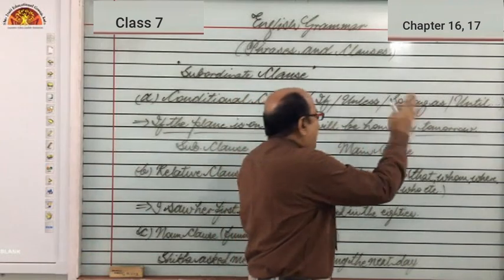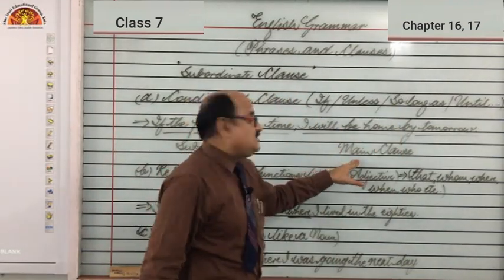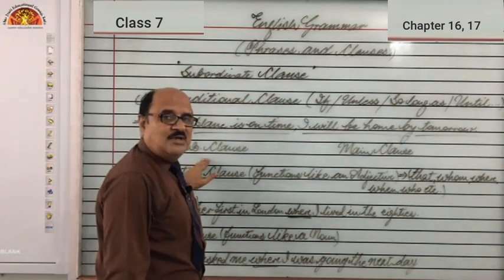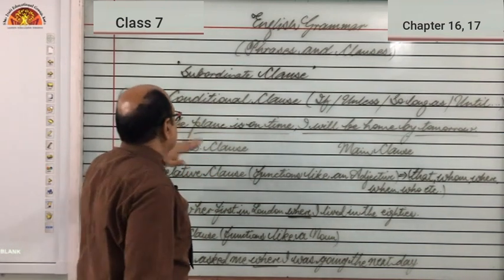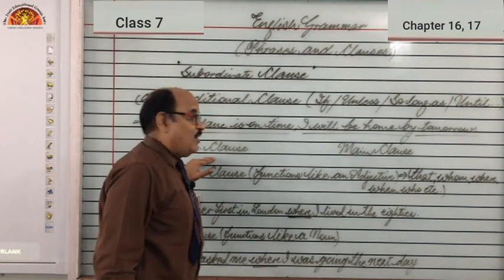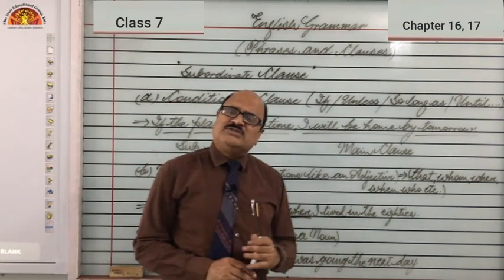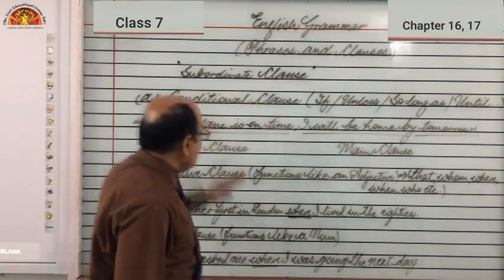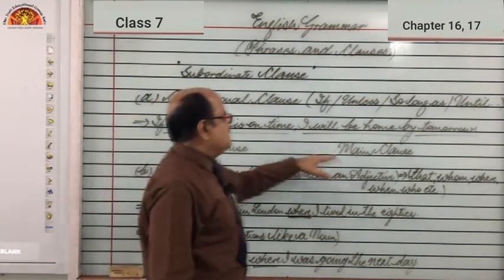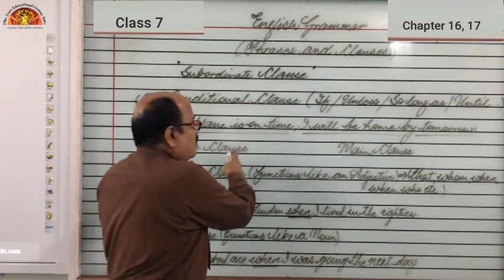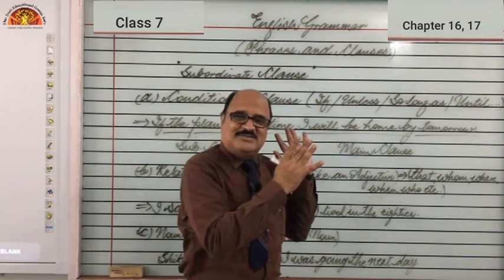I will be home by tomorrow. This is a main clause and this is a subordinate clause. And which kind of subordinate clause? We may say that this is a conditional subordinate clause, right? So dear students, mind it, all conditional clauses are subordinate clauses, right? and this is main clause. So subordinate clause plus main clause.